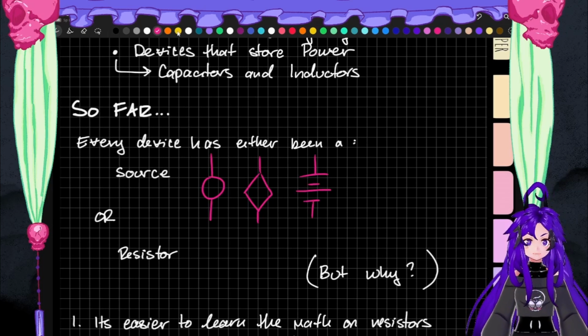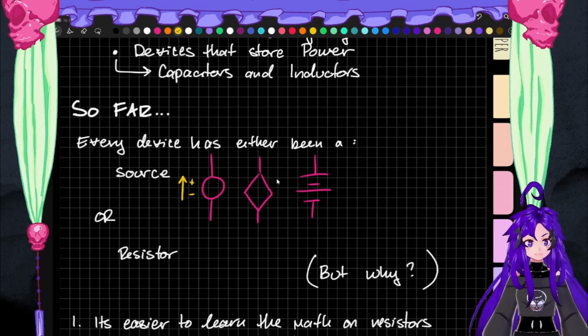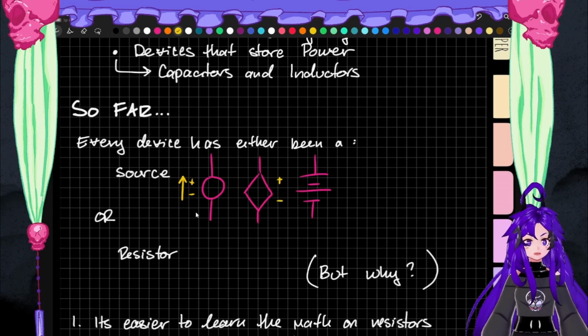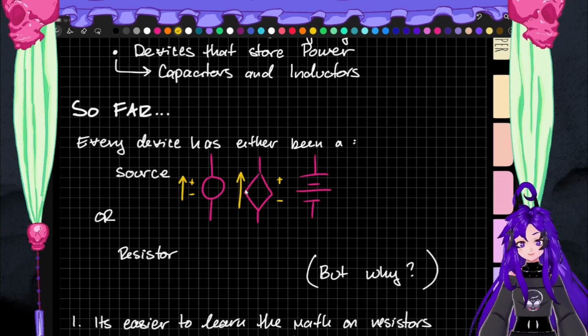And remember that you can either have a voltage source or a current source, and these are dependent sources, right? So these either have a voltage that is related to something else, some current or voltage in the circuit, or they produce a current that relates to some voltage or current somewhere else in the circuit.